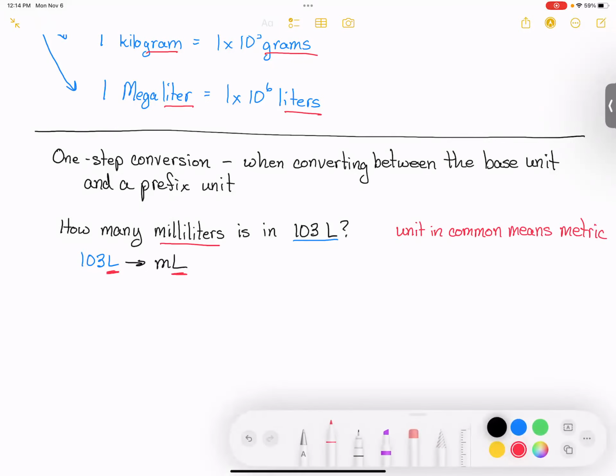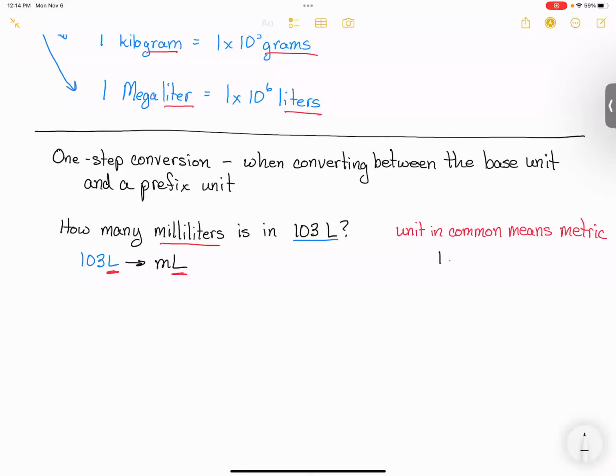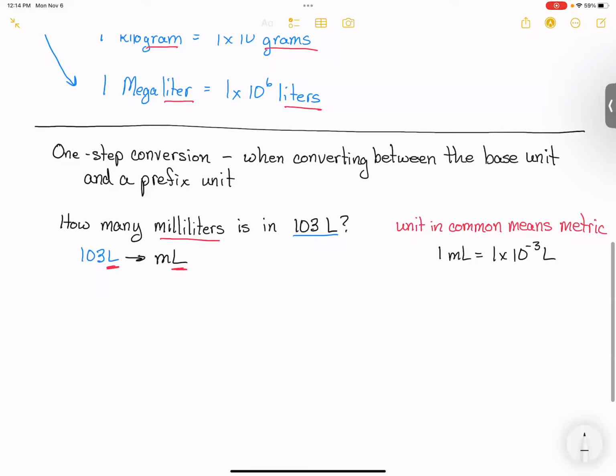And so looking at your metric prefix table, 1 milliliter is equal to 1 times 10 to the minus 3 liters. We start our calculation with what has been given, 103 liters. Our first conversion factor needs to have liters in it, so that's when we're going to be using our metric conversion. So 1 times 10 to the minus 3 liters is equal to 1 milliliter.